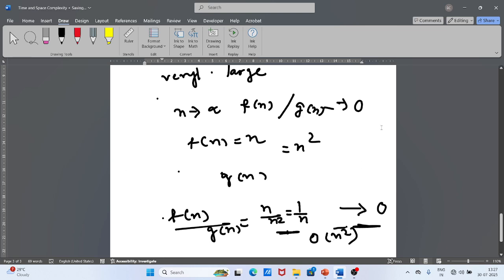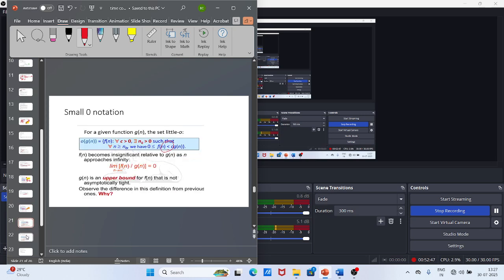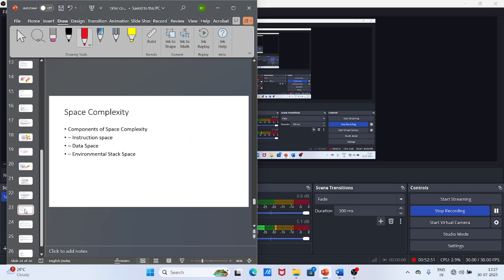Okay, now go to the PPT. Small o notations over. Now small omega over.